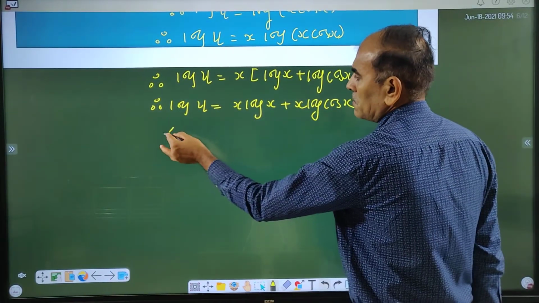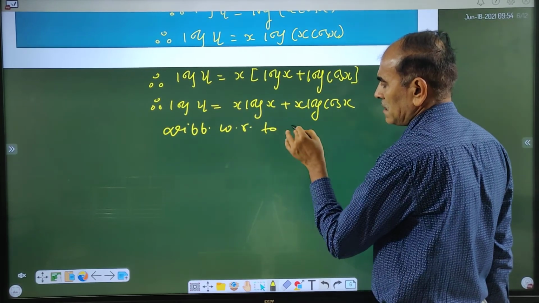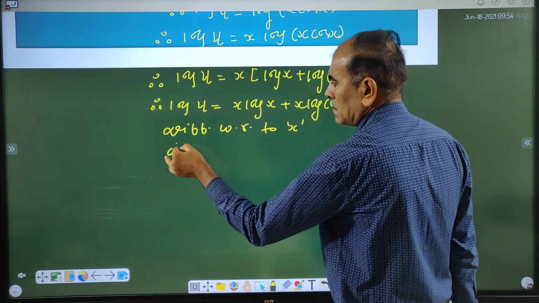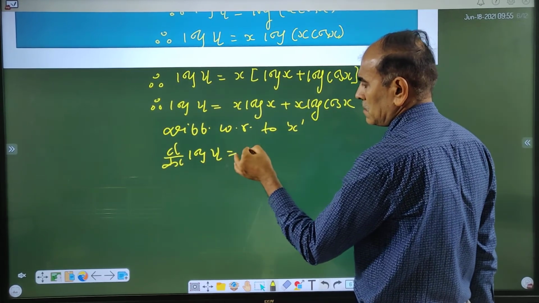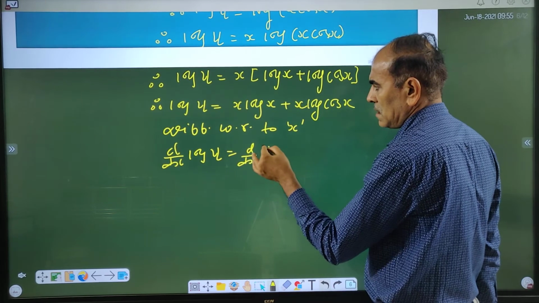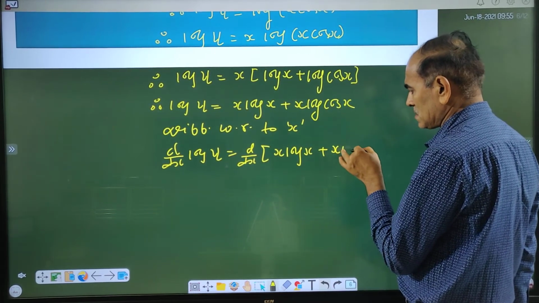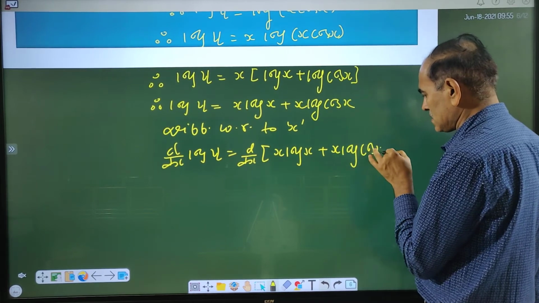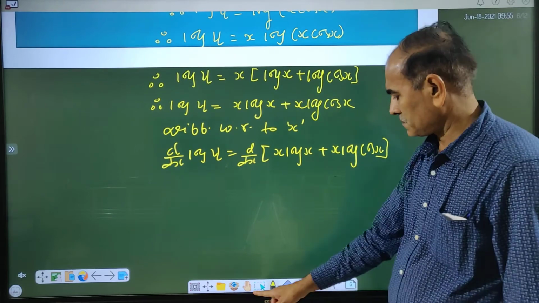So up to the most simplified step is that. So now what we have to do? Differentiate with respect to x. So d by dx of log u is equal to d by dx of (x log x plus x log cos x), taking d by dx on both sides.